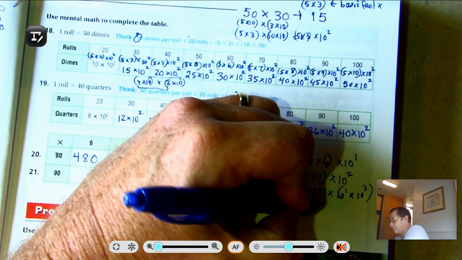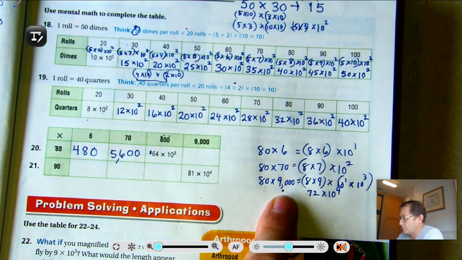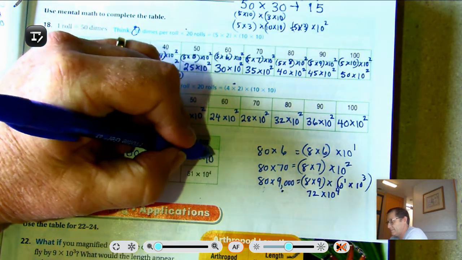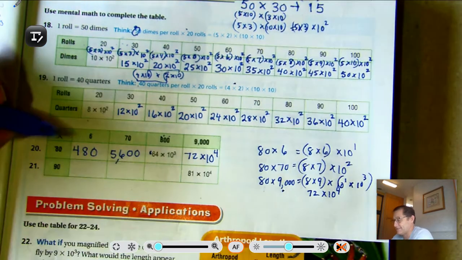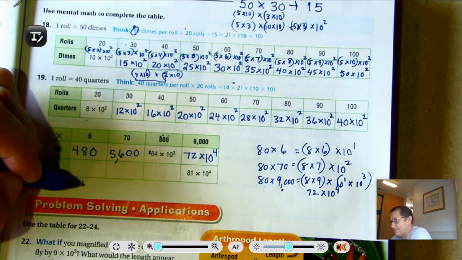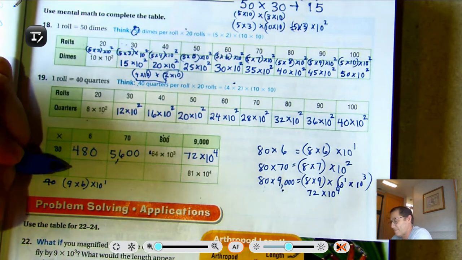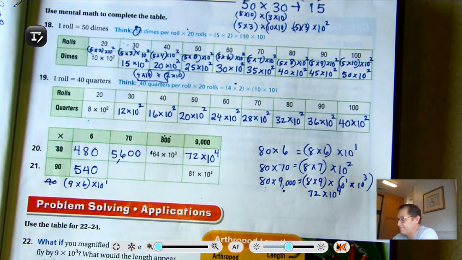So it would be 72 times 10 to the fourth, which makes sense because there's 4 zeros. Right? So we'd say 72 times 10 to the fourth. All right, 90 times 6 would be the same as saying 9 times 6 times 10 to the first. 540.